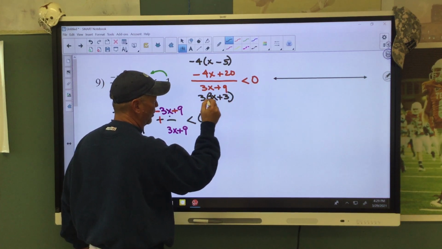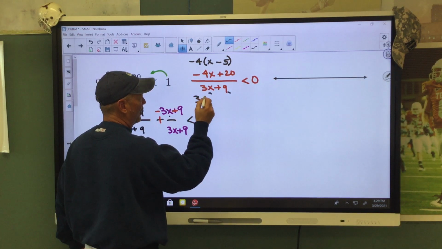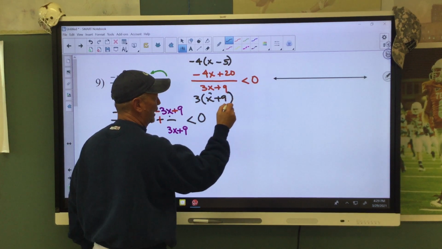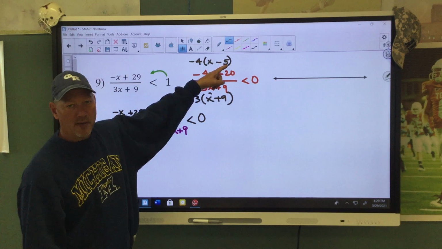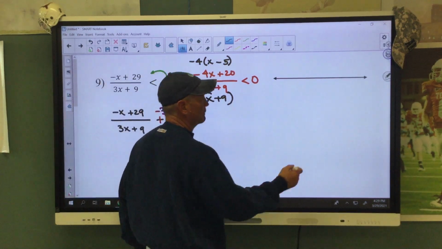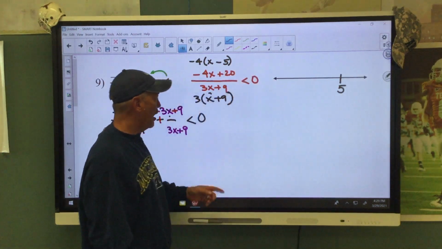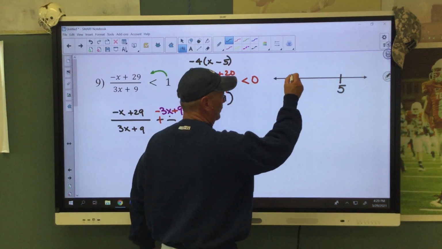Excuse me, 3x plus 9, that will leave me with x plus 3. Sorry, second guessing myself. The opposite of a minus 5 is a positive 5. The opposite of a positive 9 is a negative 9.